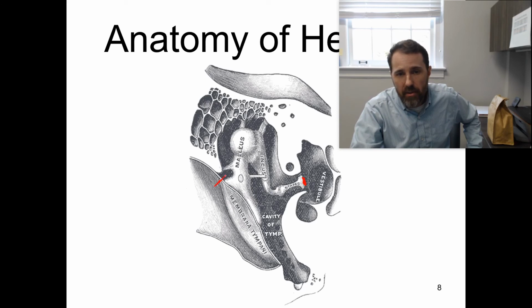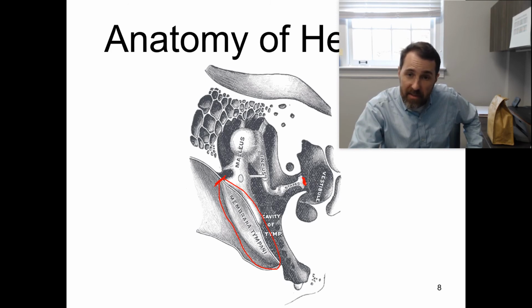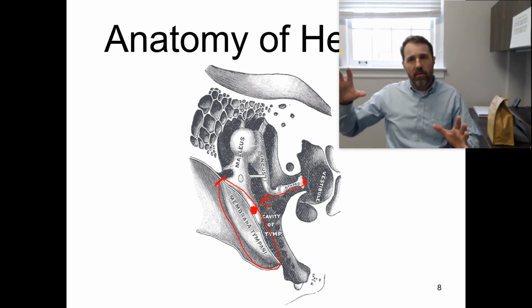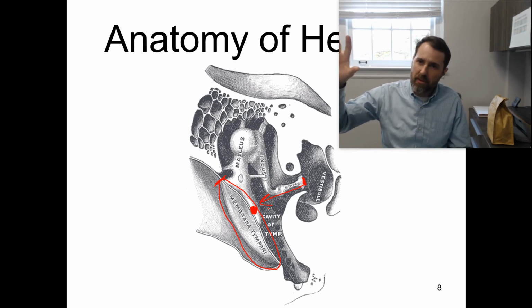But let me show you the surface area of the eardrum. You look at it like this. Compared to that little tiny space that the stapes is pushing in on the oval window, which would be about like that in relation, you can see that the surface area of the tympanic membrane is huge.